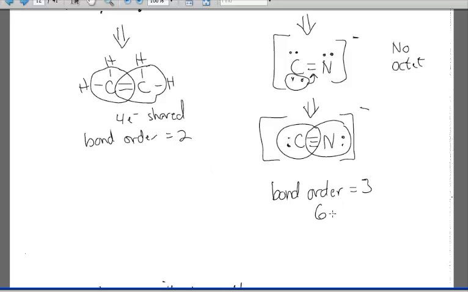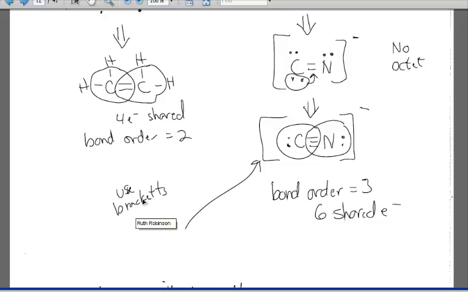And that happens for 6 shared electrons. All right, and I just want to remind you, use brackets and charge when you have an ion.